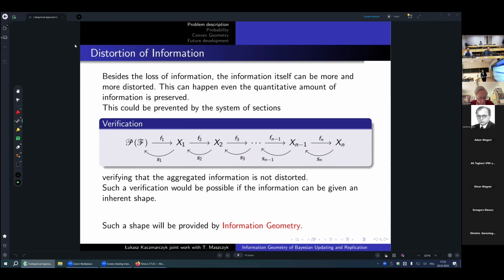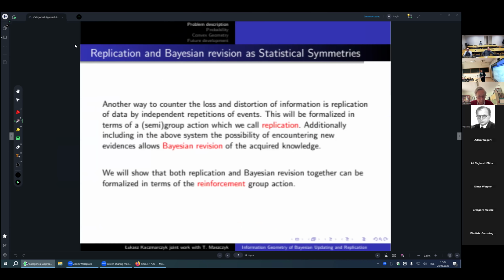And not surprisingly, there is a whole branch of mathematics that is called information geometry.